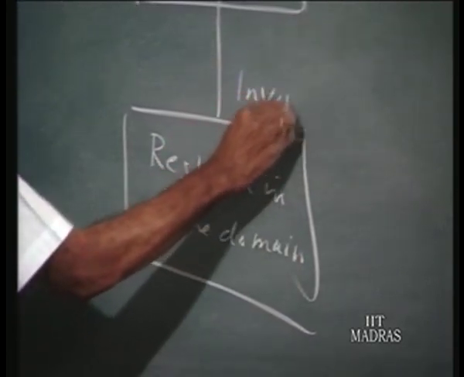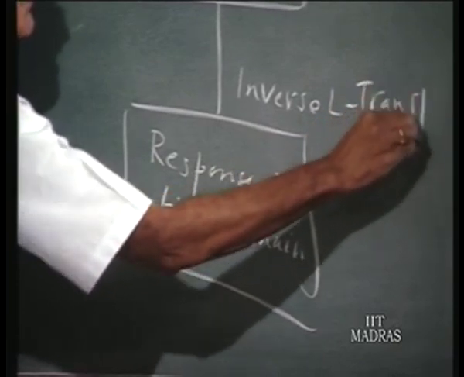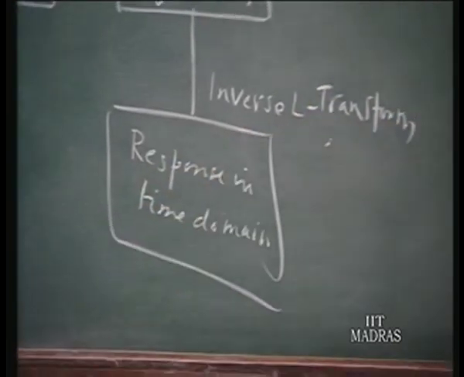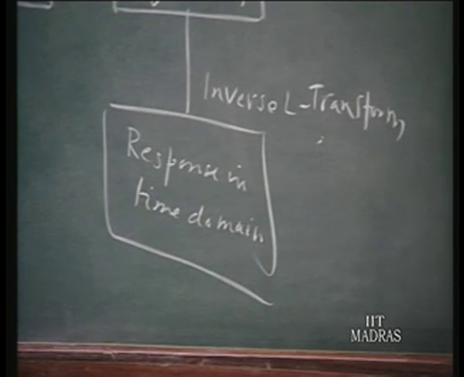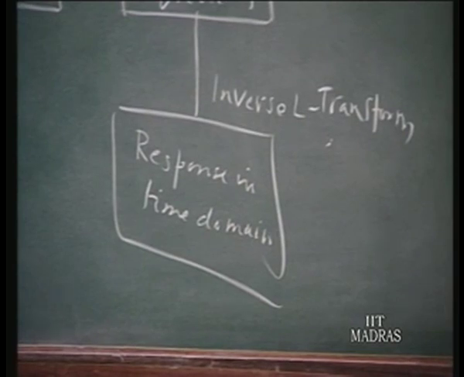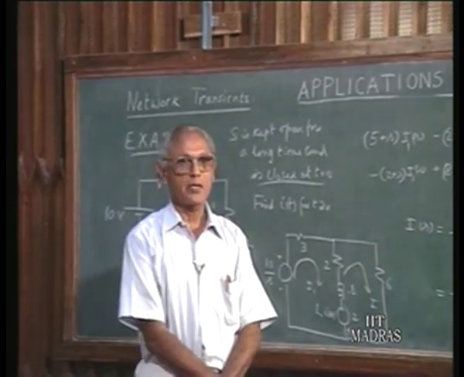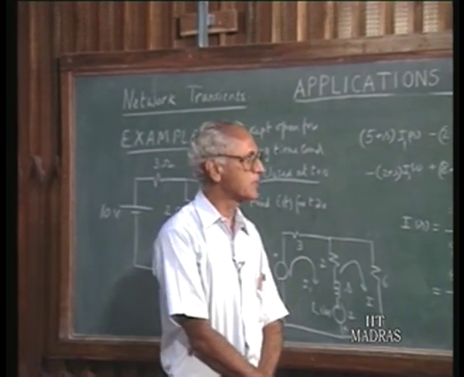That then is the way in which we handle network transient problems using the transform diagram. So we avoid writing down the differential equations. Once you have the transform diagram, the solution runs on very similar and parallel lines to DC circuit analysis.